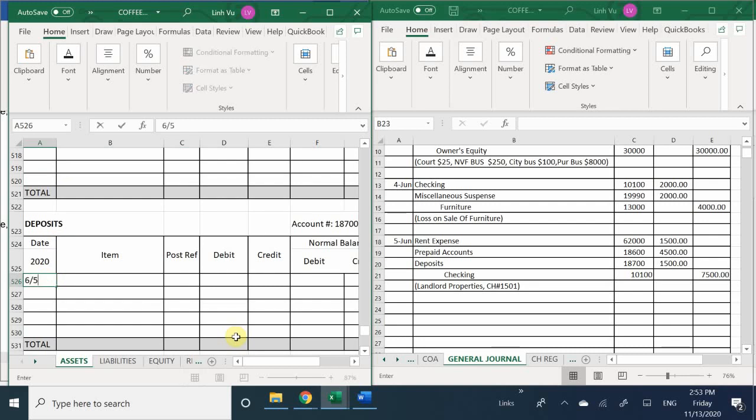So I'm going to go ahead and indicate that I have rent deposit. Still on page 1, and it's for $1,500, bringing my account balance to be $1,500.